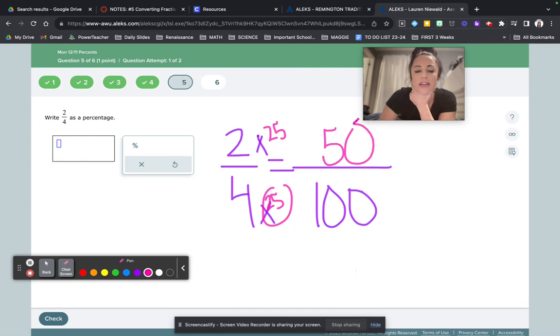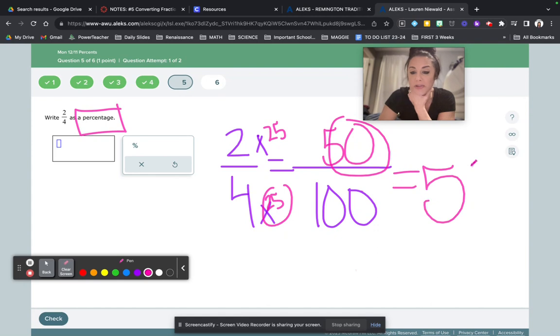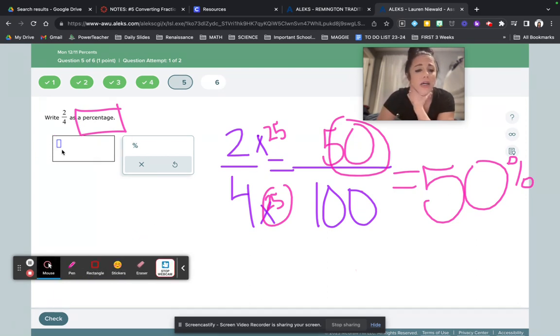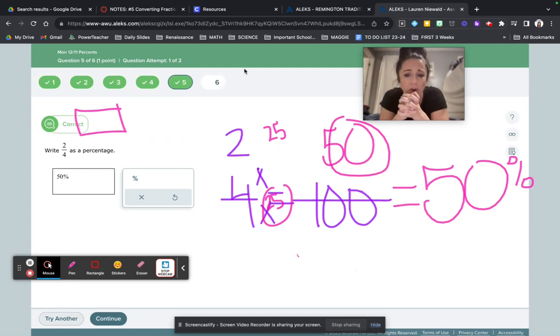Then all I have to think about is, what are they asking me to find? A percent. So whatever number is on top of my 100, that is my percent: 50%. There's my lovely handwriting again. So I need to type in 50%. And then we have one more problem. Hopefully it gives us another one of converting so we can practice that.